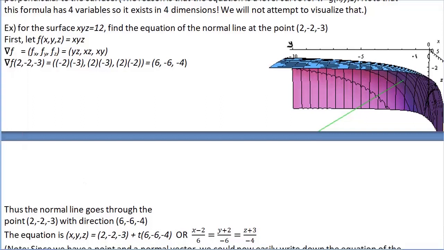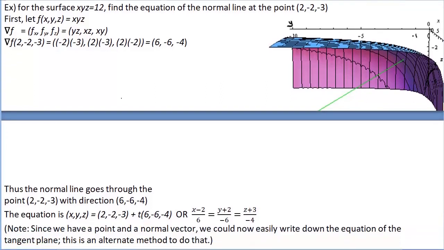And another comment, since we now have, relative to the original surface, a point and a normal vector, it's now also very easy to write down the equation of the tangent plane. So this, using the gradient, actually represents an alternate method to find the equation of the tangent plane. And a very nice one at that.